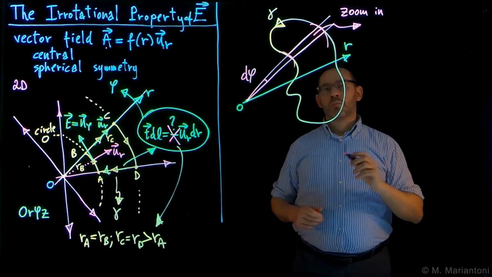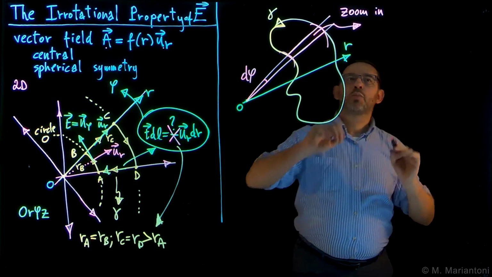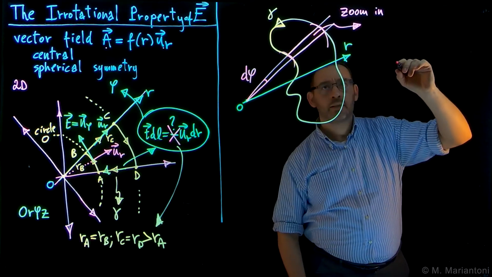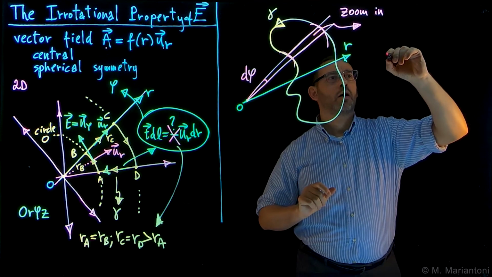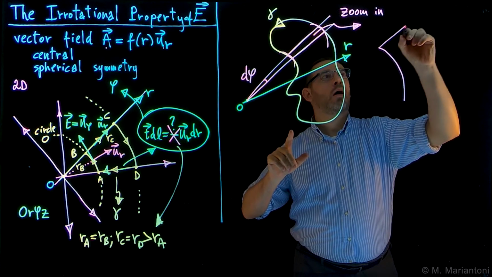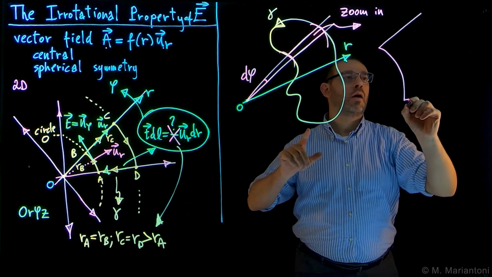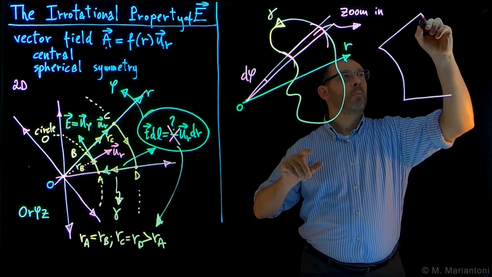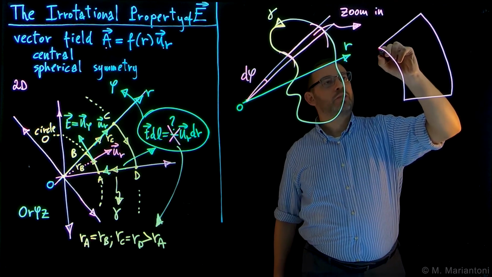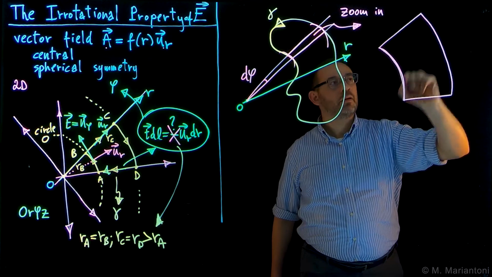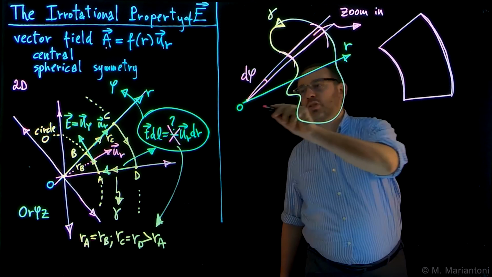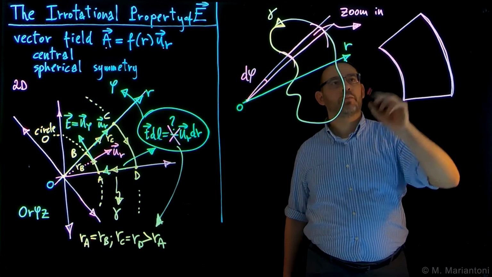So that's the idea. All right, so if we do that, let's zoom in. So we find eventually that this line will look like this. Again, these two arcs belong to two circles with center in O. All right.